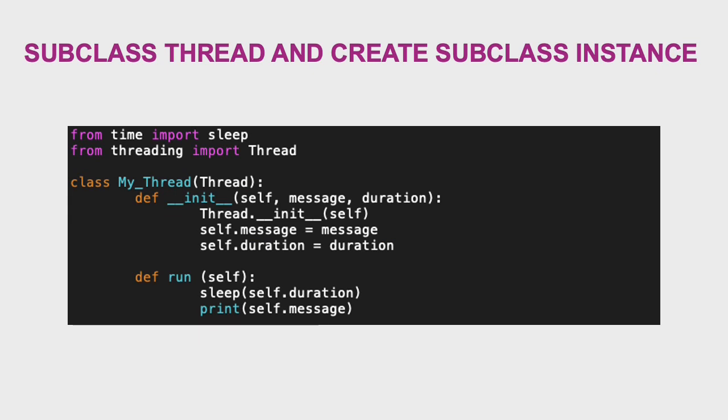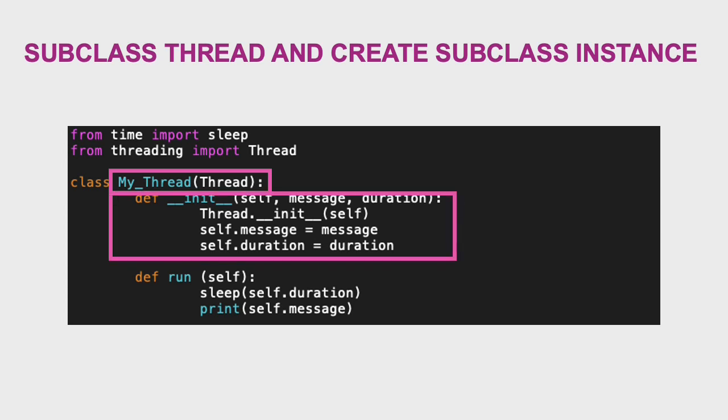This is the code of the myThread class that will implement the thread logic. The myThread class is a subclass of the thread class. The class constructor is used to set up the class and its attributes.